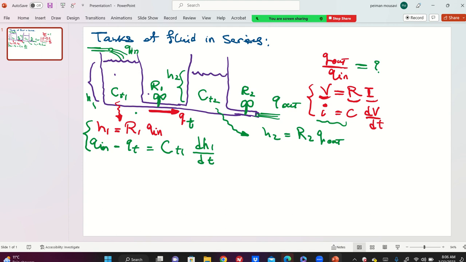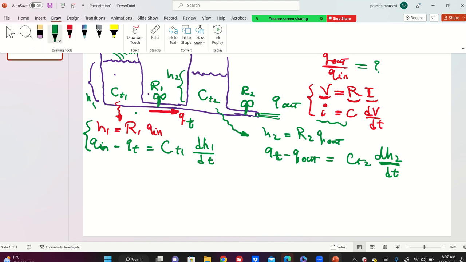And now Qt minus Q out is C tank 2 dH2 over dt. Everybody understand? Yes?